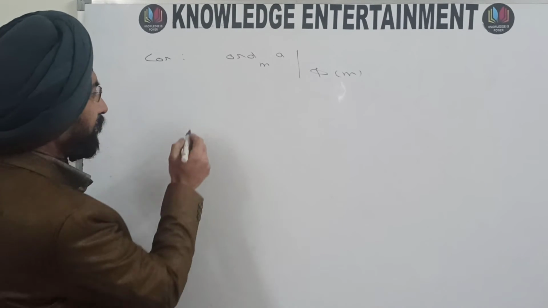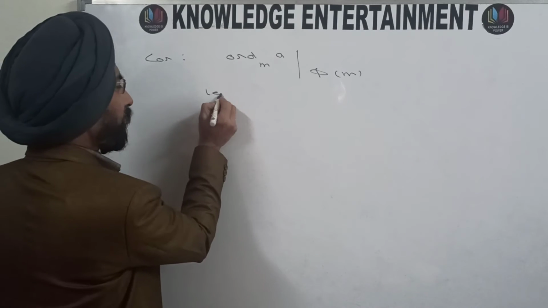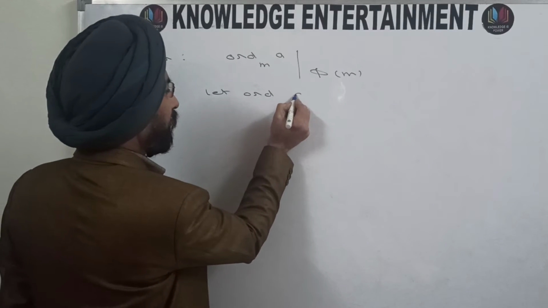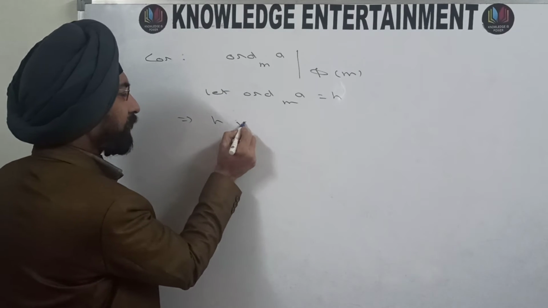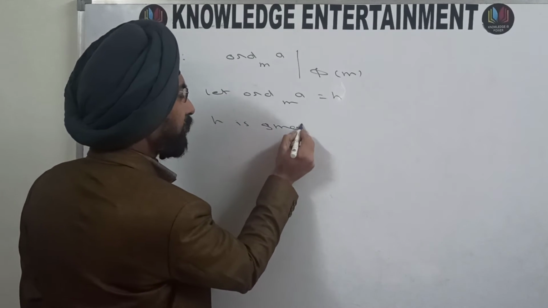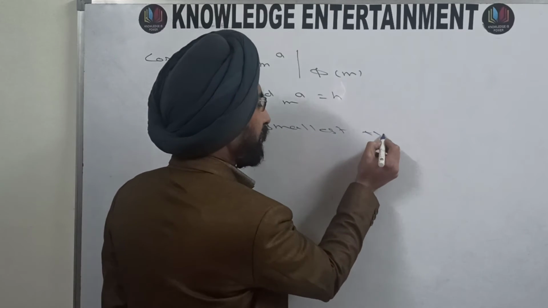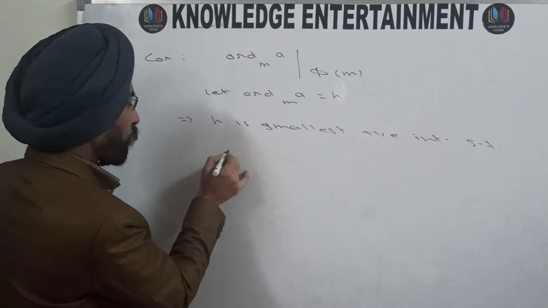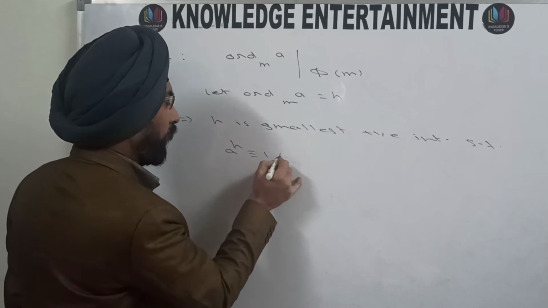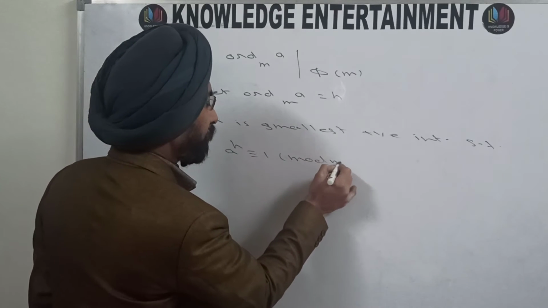Note that here, let the order of a modulo m be h. This means h is the smallest positive integer such that a raised to the power h is congruent to 1 modulo m.